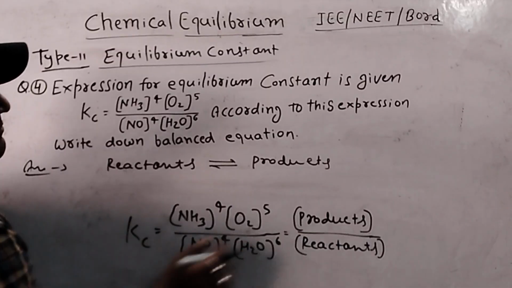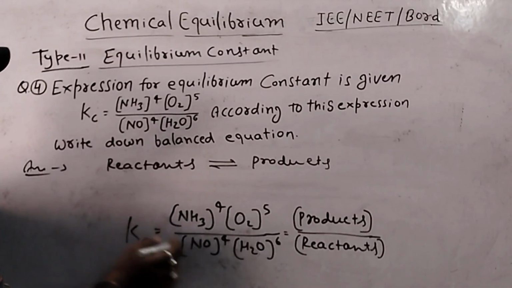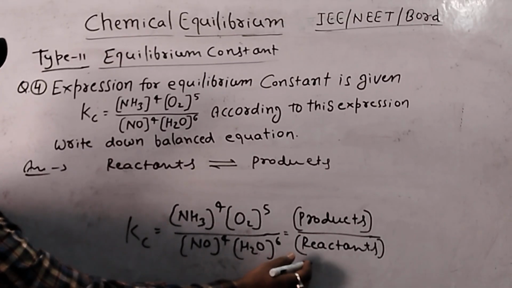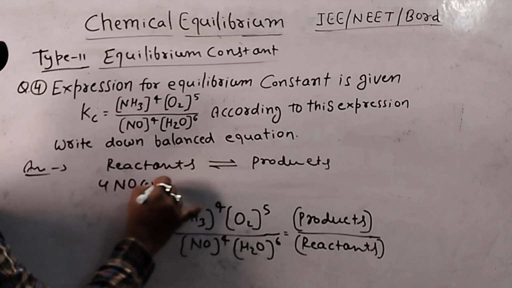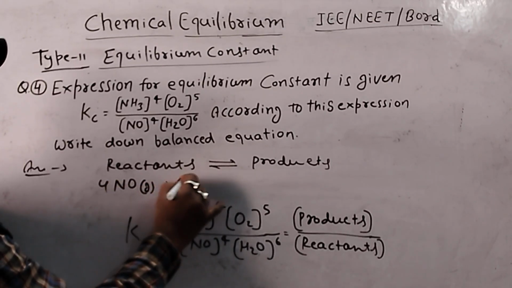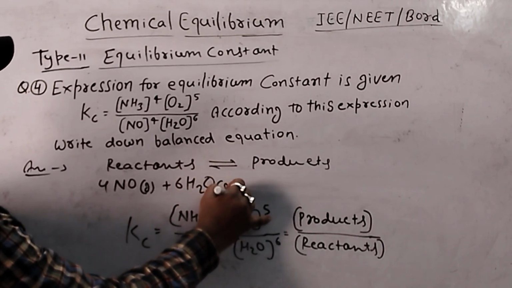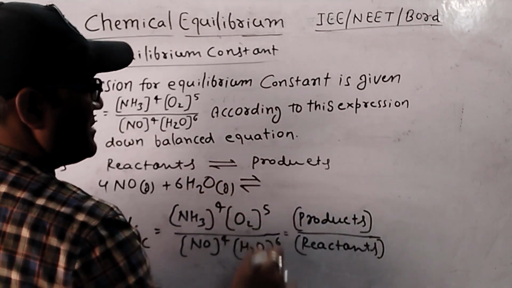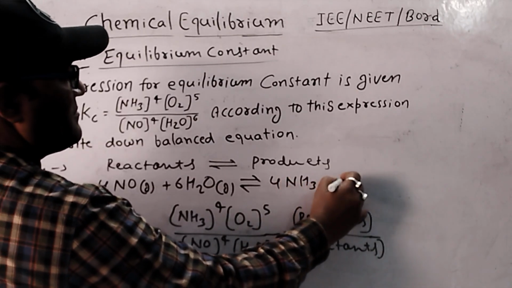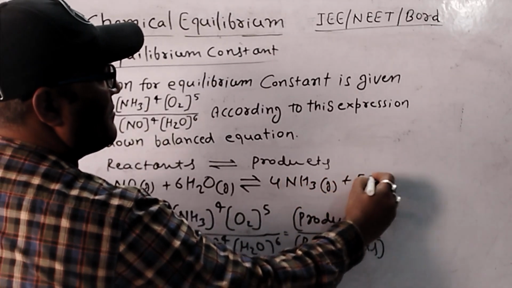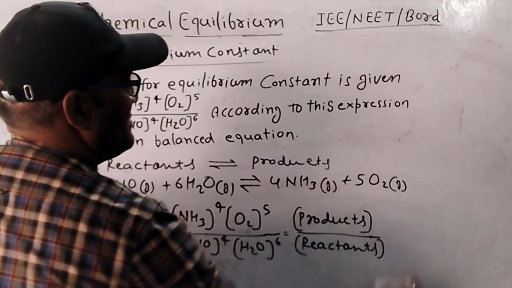Now with the help of this formula we can write a balanced chemical equation. Reactants: 4 mole of NO gas react with 6 mole of H2O gas. Then after the reversible reaction, 4 mole of NH3 gas plus 5 mole of O2 gas.